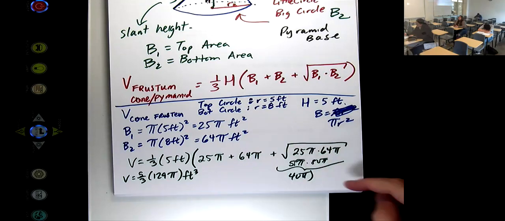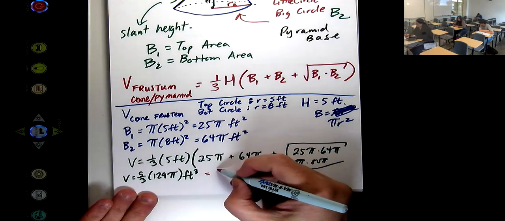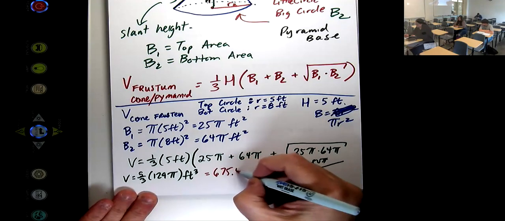When you add in the height, it adds another foot to it. 5 times 129 times pi, divided by 3. I hope this is what you guys are getting: 675.44 cubic feet.